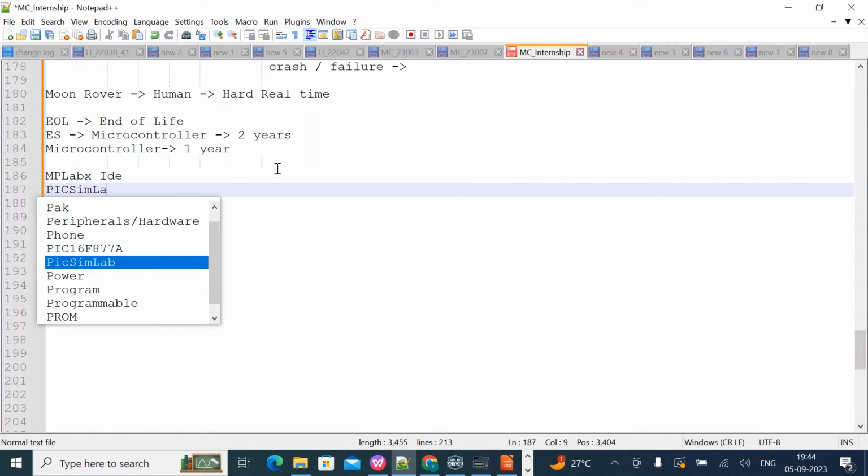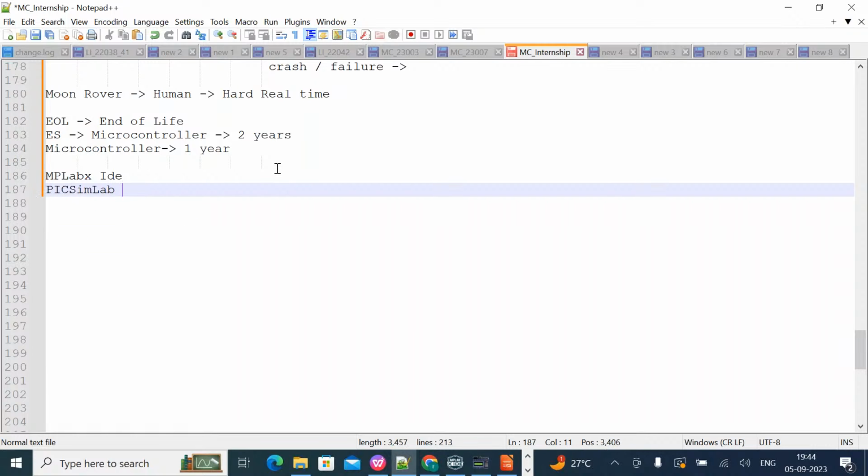So in this way, whatever development tools you need, if those are available and the microcontroller supports them, then choose that one. Understood? I'm just taking one example of the PIC microcontroller. You can take any microcontroller, no problem, based on your need. Understood?